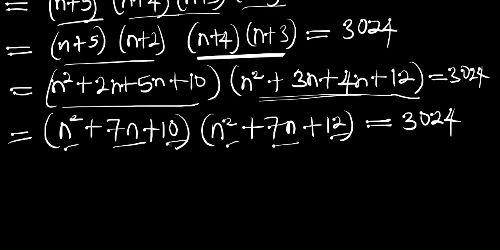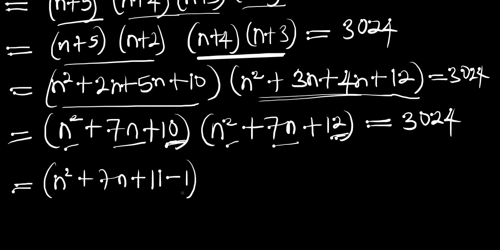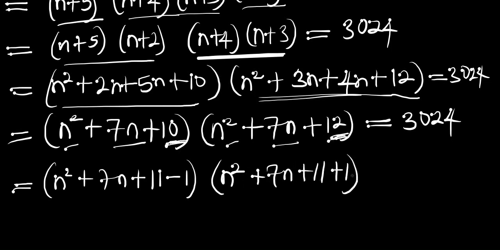So we can make it in a way that we have the same number here and here. Instead of this 10, we can have it as 11 minus 1. And instead of this 12, we can have 11 plus 1, and this equals 3024.